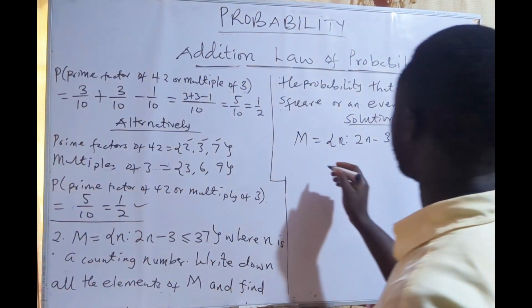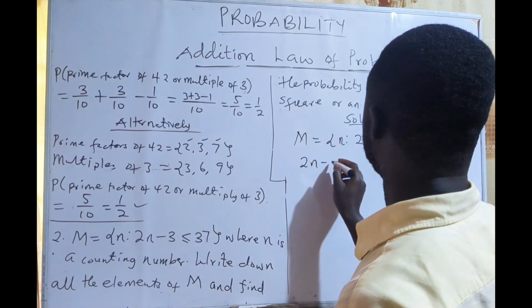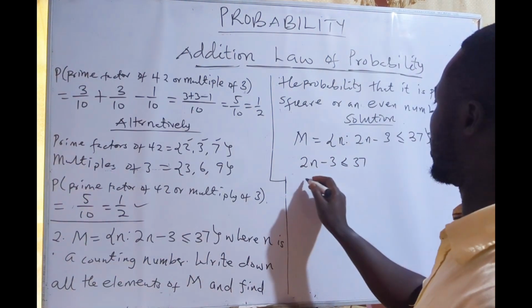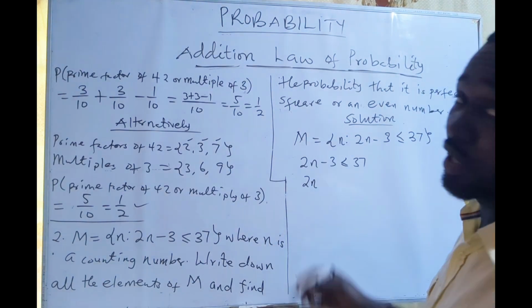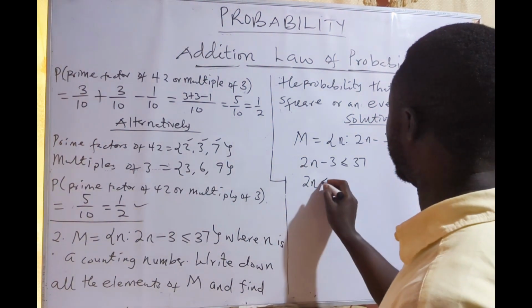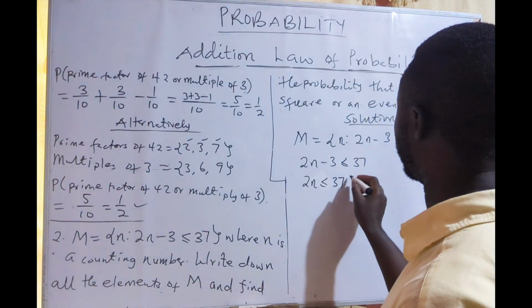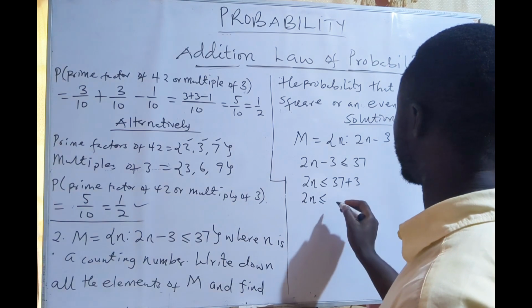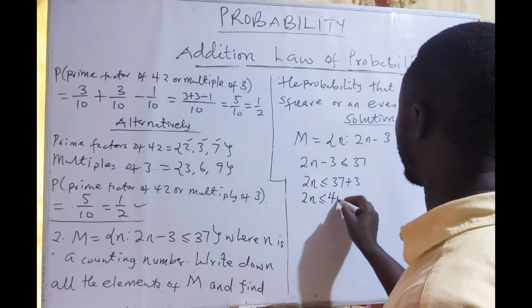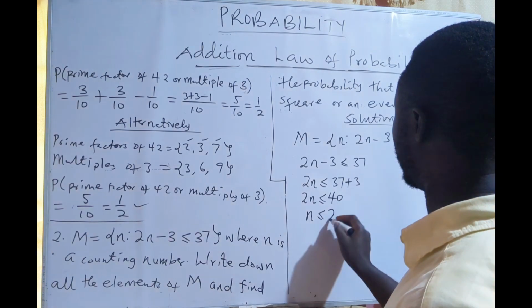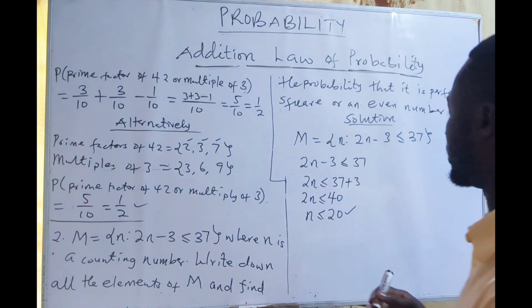Okay, so we have 2n minus 3 less than or equal to 37. This one we solve for 2n to find n. So we have 2n less than or equal to 37 plus 3, and then 2n is less than or equal to what? 37 plus 3 will give us 40, and n is less than or equal to 40 divided by 2, which gives us 20.